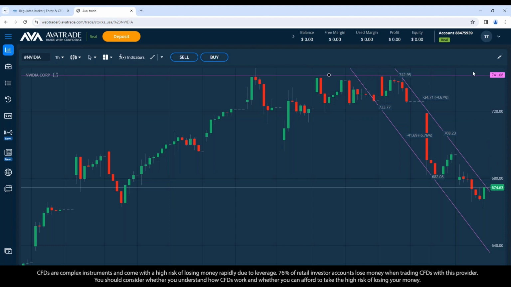So we're talking up near 750. You could have a take profit if you think it'll challenge the all-time high again. So take profit could be about here, 738, unless at the open it gaps all the way up to that point.